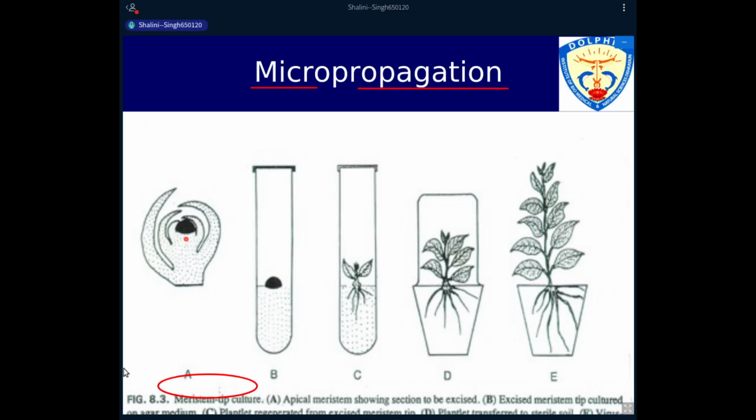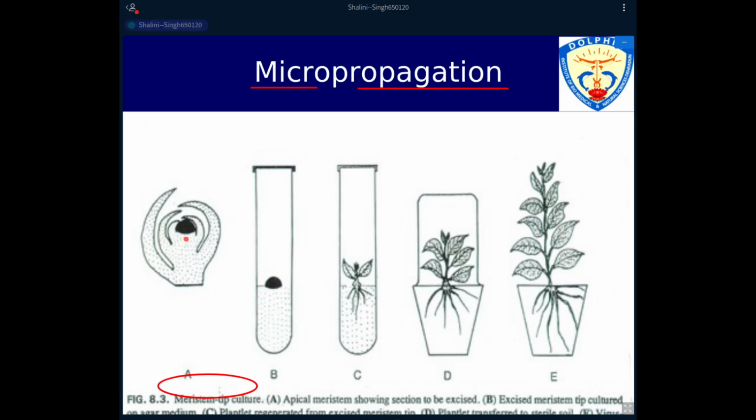The most challenging problem in vegetatively propagated plants is the infection or attack of pathogens, attack of viruses and disease incidence. Why so? For example, vegetatively propagated crops like potato, bamboo, and sugar cane.